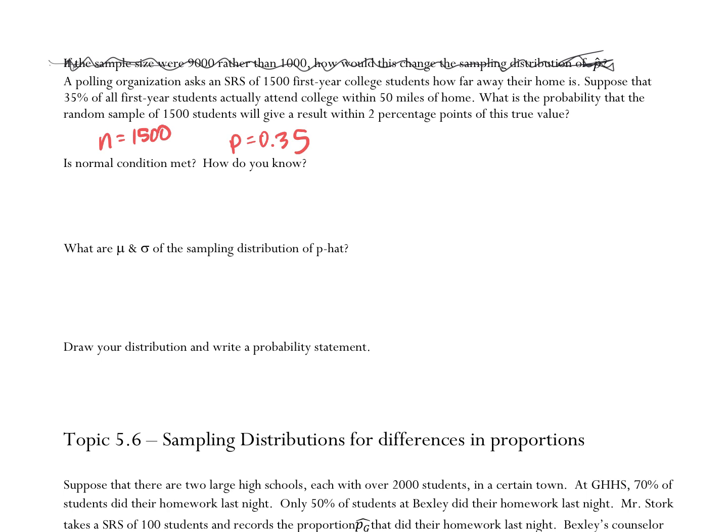Okay, everybody with me? Now, normal condition first, we'll do 1,500 times 0.35 and 1,500 times 0.65. If you need to go out in the hallway for a second, it's all good.